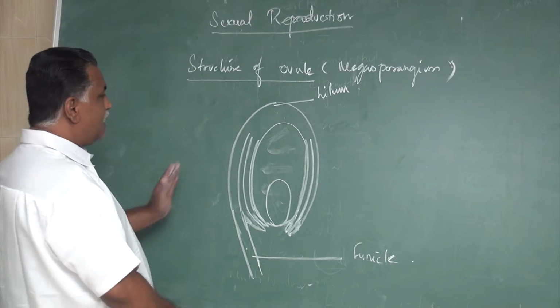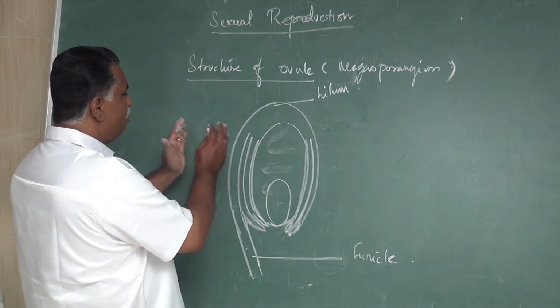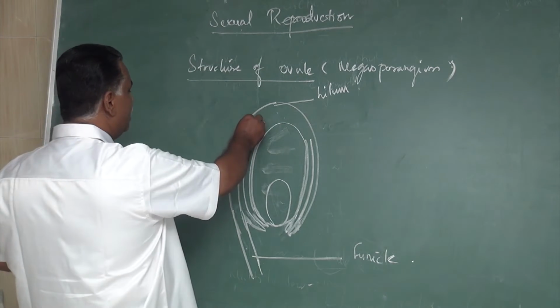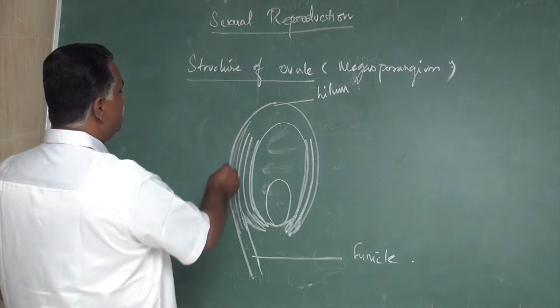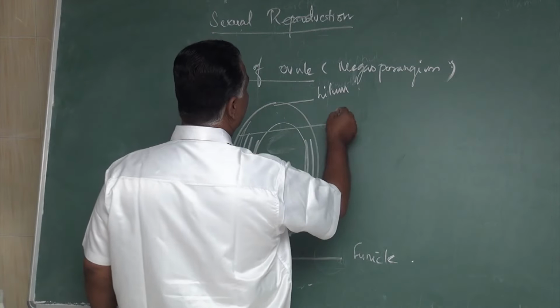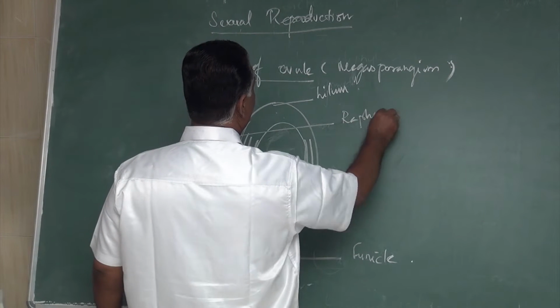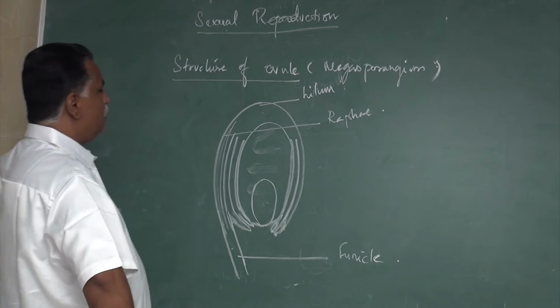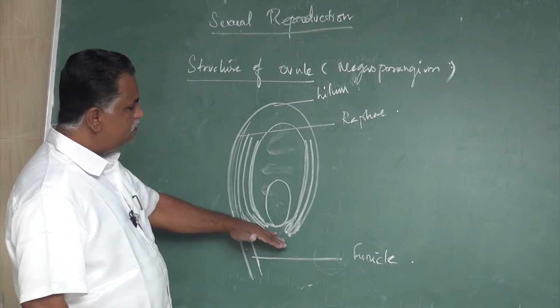In the anatropous ovule, the hilum and the funicle are adnate with each other and form a structure or ridge, and that structure is called raphe. This is the basal part, this is the apical part.